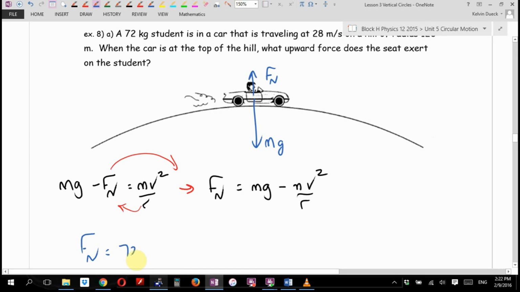M 72, G 9.8 minus M 72, V 28. Don't forget the squared. What was R? 120.